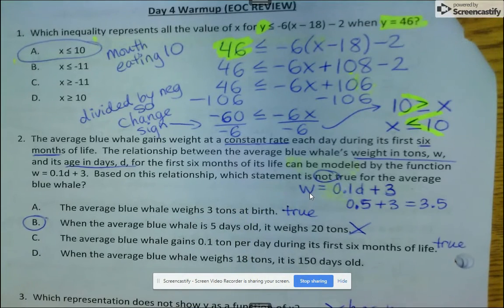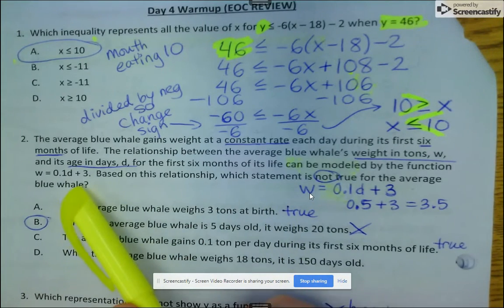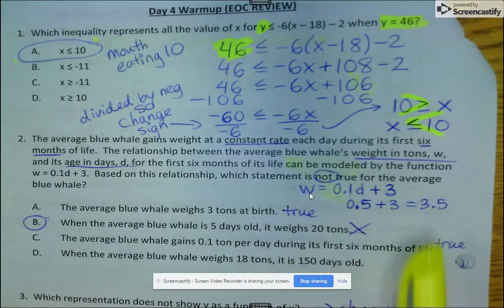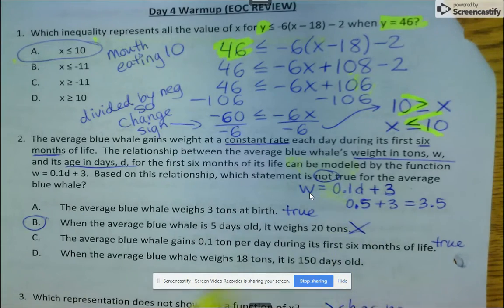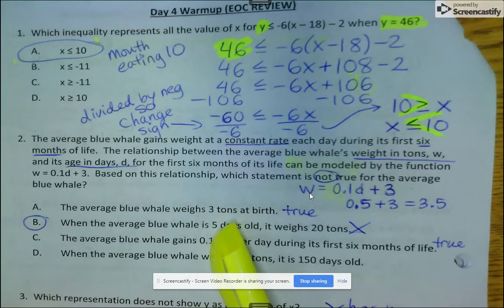This one says blue whales gain weight at a constant rate. And so they give you the weight. The blue whale weight is W, the days is D, and it says for the first 6 months, this is the model. And so which statement is not true for the average blue whale? So if you look at some of these, it says average blue whale weighs 3 tons at birth.